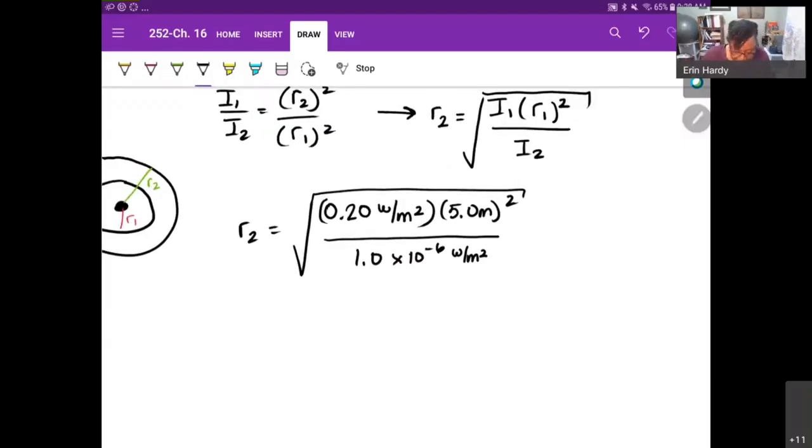And let's take this step by step. R2 is going to be the square root of, this is going to be 5 in the numerator, 5 watts in the numerator.